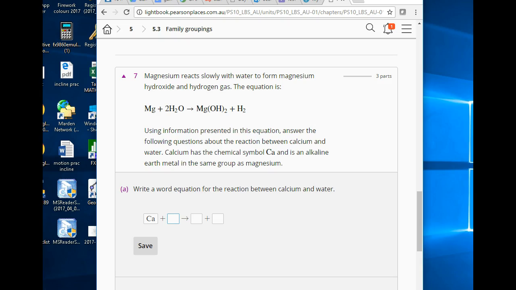They want the word equation, sorry, so they actually want you to write the whole word. And the box expands. It's going to form calcium hydroxide and hydrogen gas. Oops, can't spell. Hydroxide.